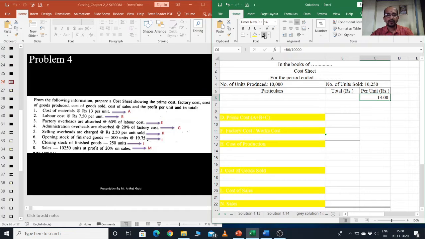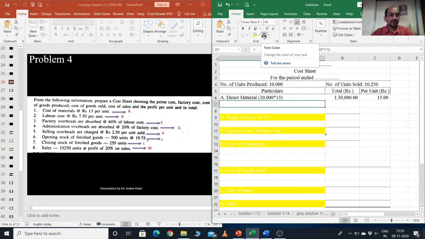What we need to do is multiply this 13 rupees by the number of units produced. So that will be 1,30,000. This is the amount of our direct material, 10,000 multiplied by 13.